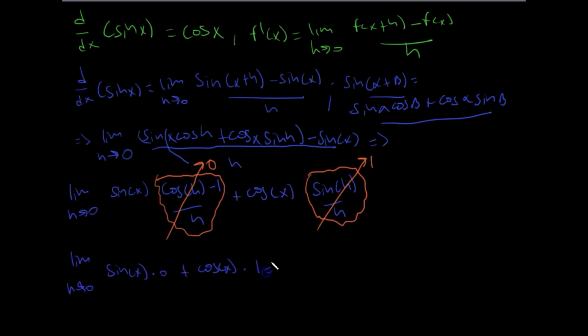So simplifying this, sine of x times 0 is just 0, and cosine of x times 1 is just cosine of x, so 0 plus cosine of x, and we still have the limit as h approaches 0 of cosine x, but because there are no h terms remaining, the limit is just cosine x. Thus, our derivative is cosine x.